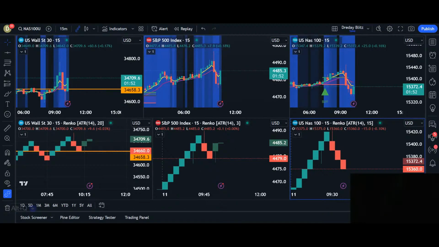Less than 2 minutes left on that candle. The 10:30 candle will be created here in a couple of minutes.